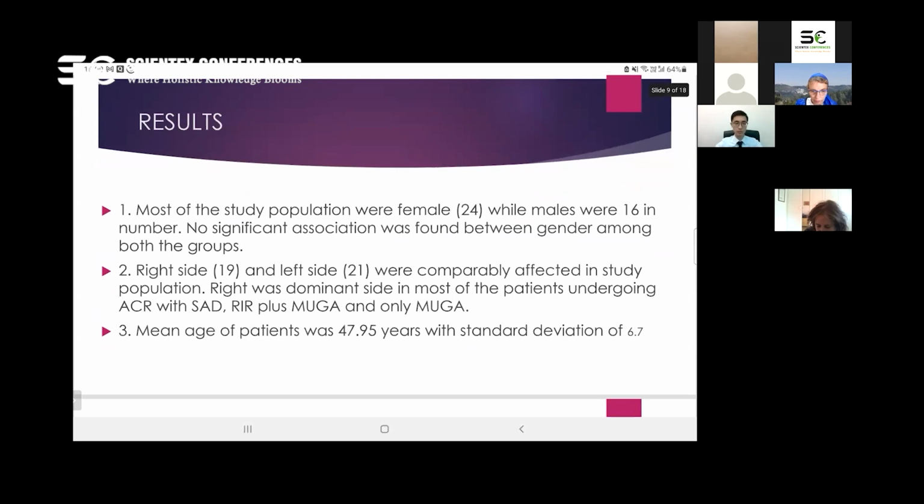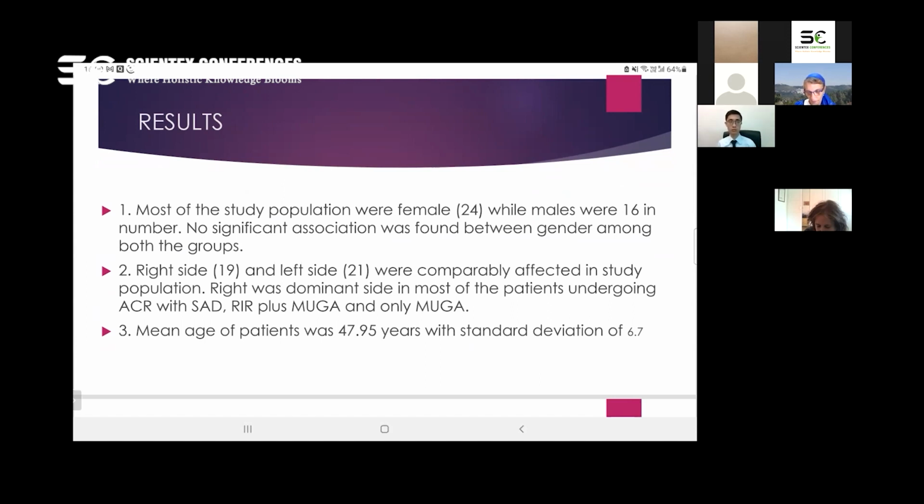Coming to the results, most of the study population in our study were females, as we know adhesive capsulitis of the shoulder is more common among females. In our study, we did not find any association of gender with the outcome of the treatment.